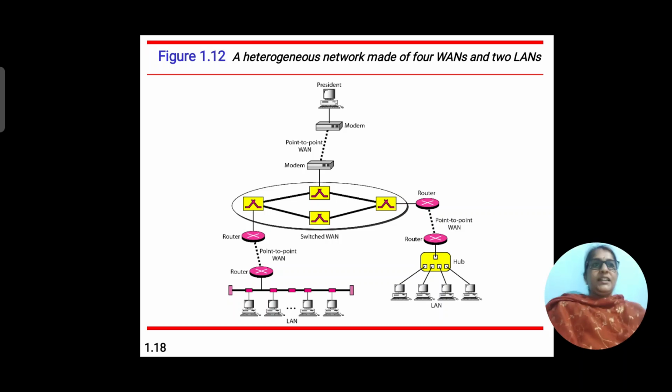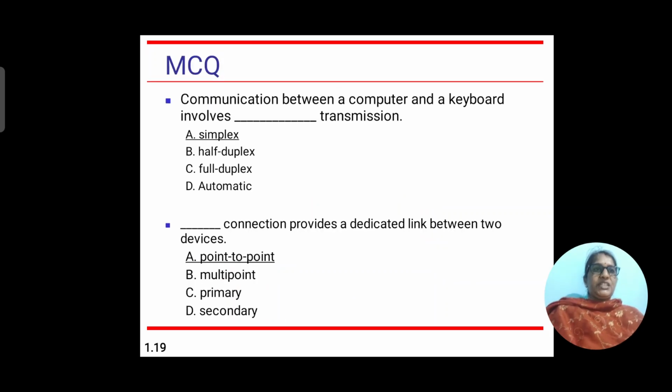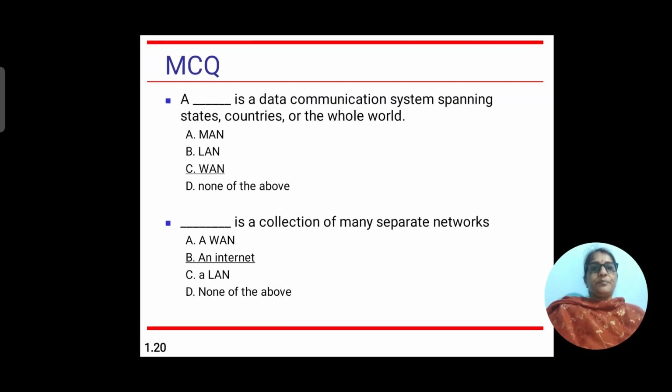So let us see some simple questions. Communication between a computer and a keyboard involves dash transmission, that is simplex. Dash connection provides a dedicated link between two devices, that is point to point.